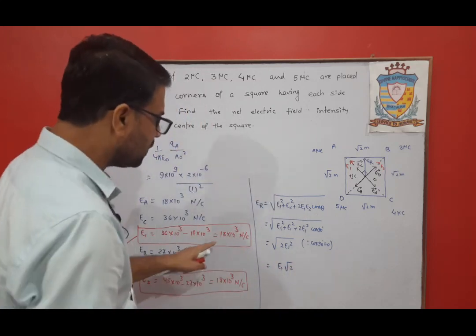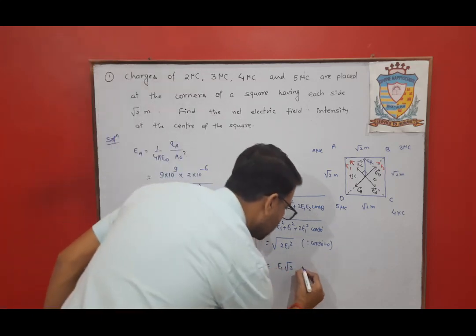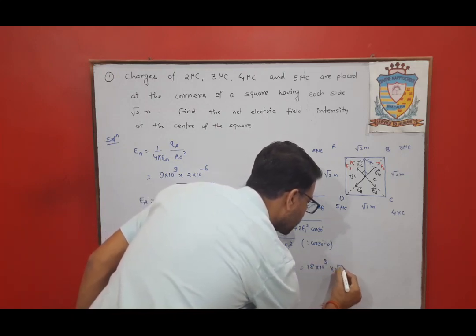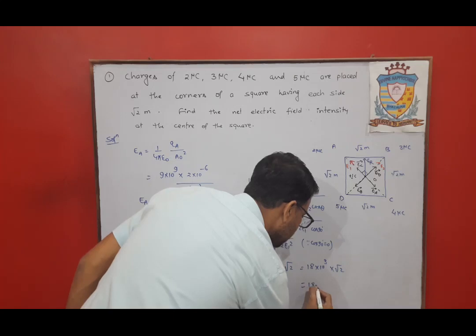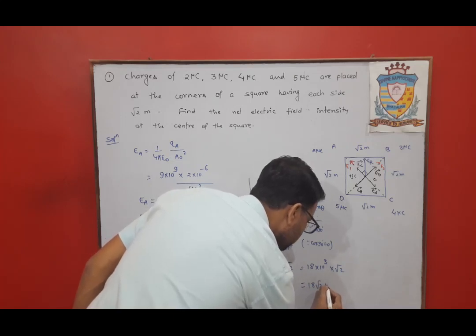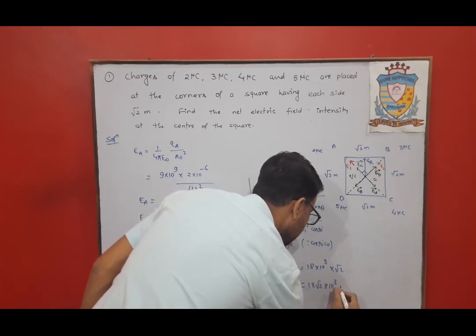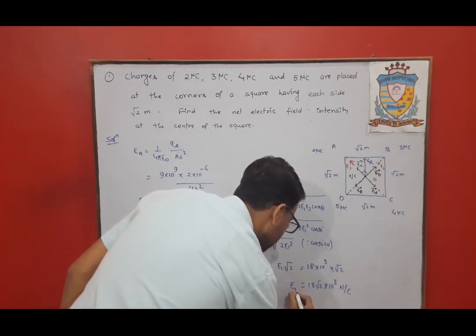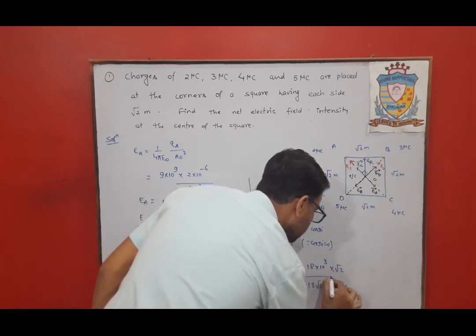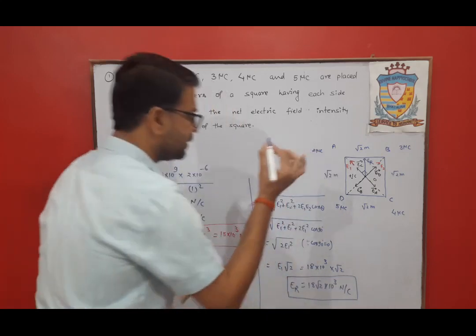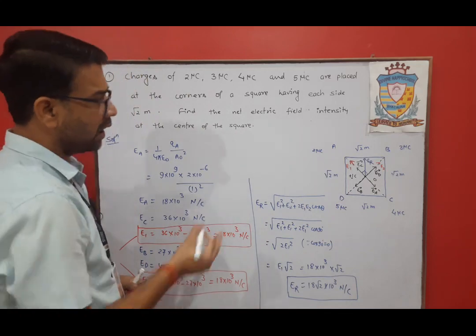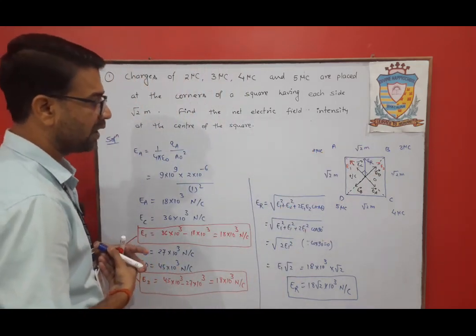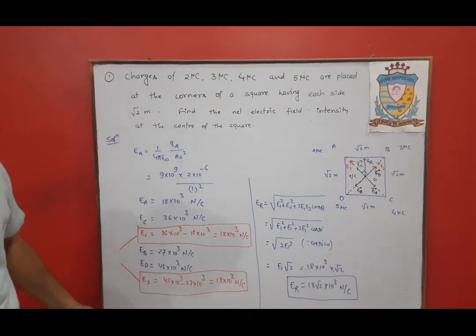The value of E1 is 18 into 10 to the power 3, so this is 18 into 10 to the power 3 into root 2. This can also be written as 18 root 2 into 10 to the power 3 Newton per coulomb. So this is the resultant electric field intensity at the center of a square due to 4 charges, that is 2 microcoulomb, 3 microcoulomb, 4 microcoulomb and 5 microcoulomb.